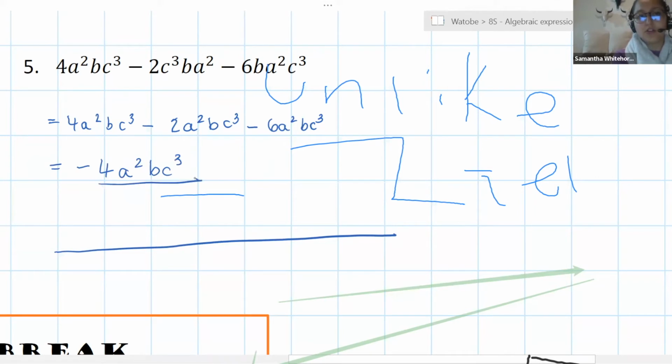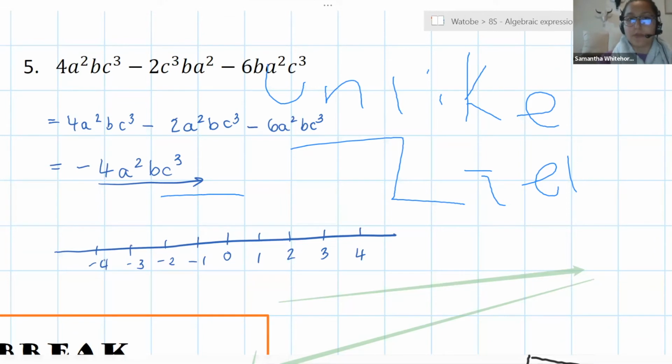Now, if you aren't too sure where I'm getting that, let's go back to a number line. Obviously, guys, you do have calculators and you're more than welcome to use a calculator. Please don't be scared to use your calculator. That is what it's there for. But let's go back to a number line and see what's happening. I have started with 4a squared bc cubed, so I'm sitting here at positive 4.